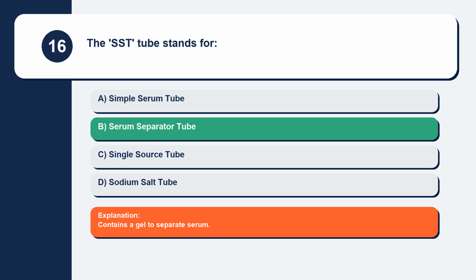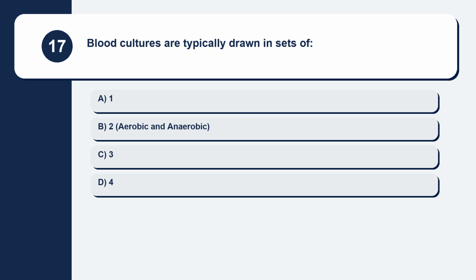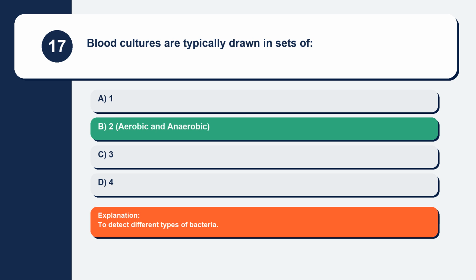Contains a gel to separate serum. Question 17. Blood cultures are typically drawn in sets of: 1, 2 aerobic and anaerobic, 3, 4. To detect different types of bacteria.